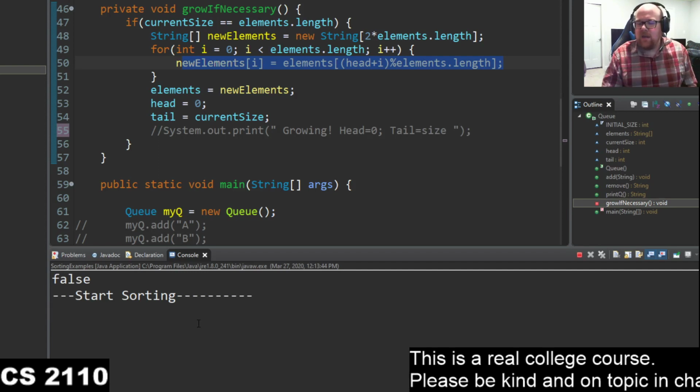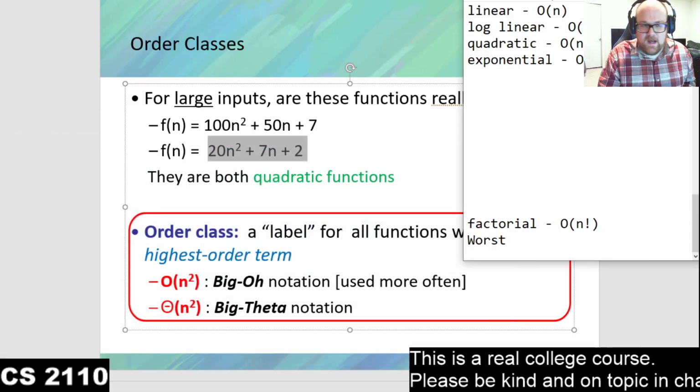Will linear ever intercept past log linear? No. Because we're dealing with positive numbers, the log of a number is going to be positive, and it's going to be greater than 1 in this case, because we're talking about numbers that are larger than base 2.